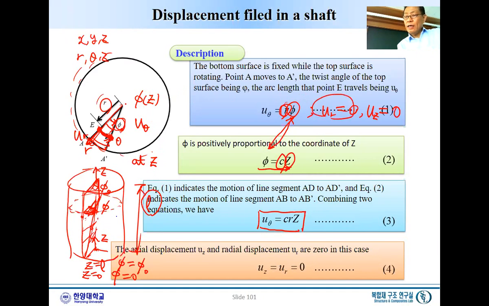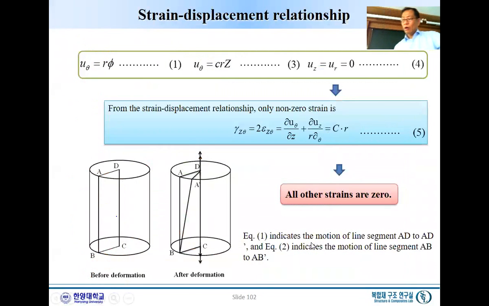This radial dimension does not change. It is kept constant. The only deformation we can observe is the hoop directional U theta, which is proportional to R, proportional to Z. There is a proportional constant. Okay, that is the geometric displacement, and that is what we observed.